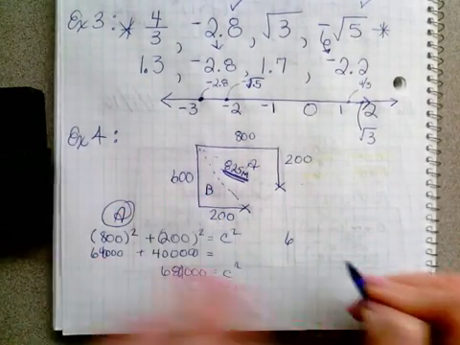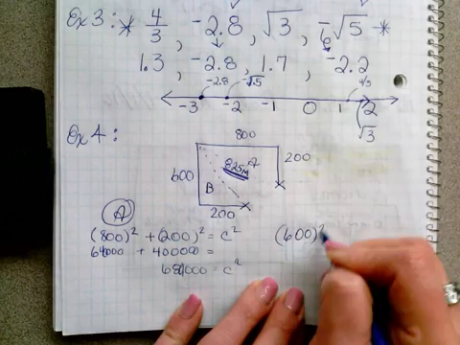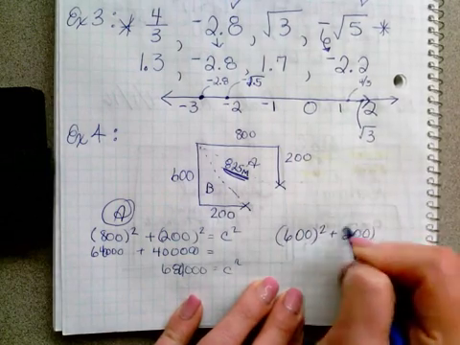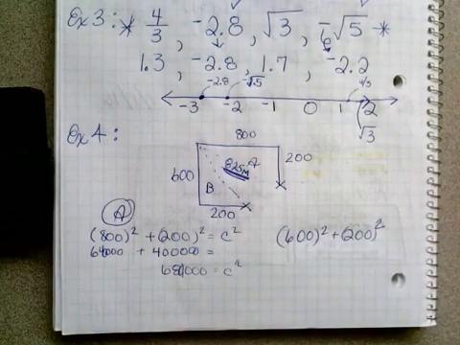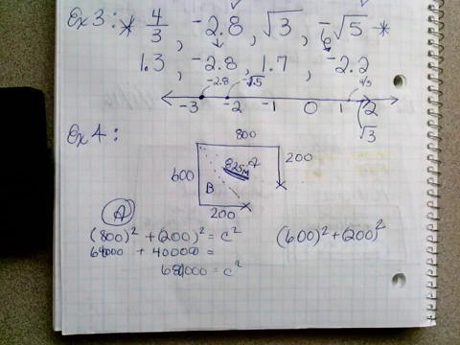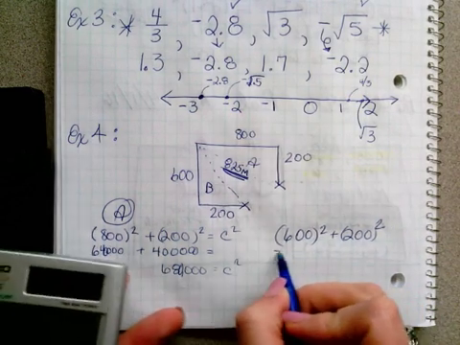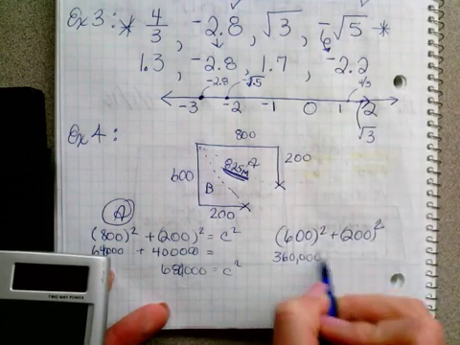Okay, Group A. Group B was 600 and again 200. Okay, what's 600 squared? 360,000.